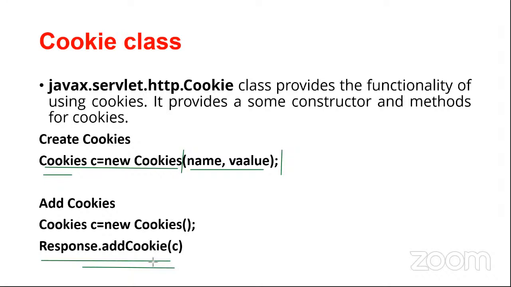We also have the getValue method for returning the value of the cookie, and we can set values, and we can also set the age of the cookie. So we can set the maximum age with the help of the setMaxAge method.